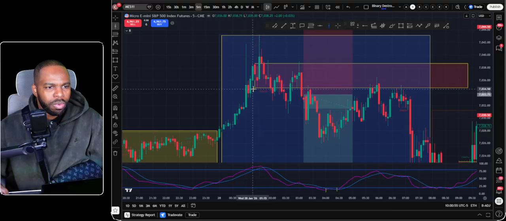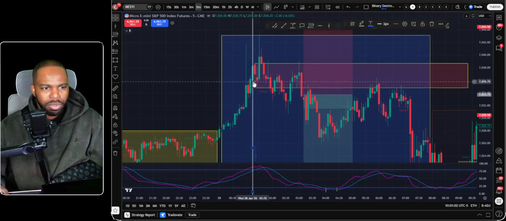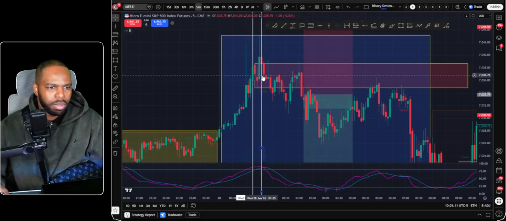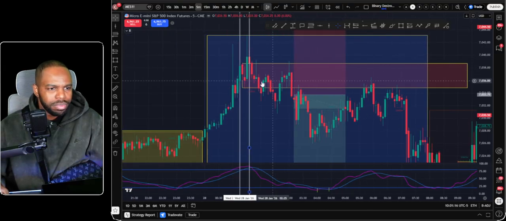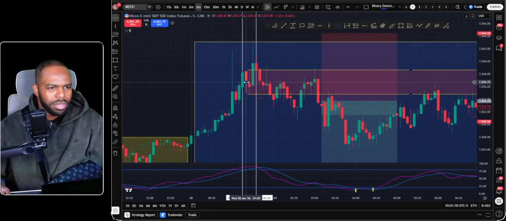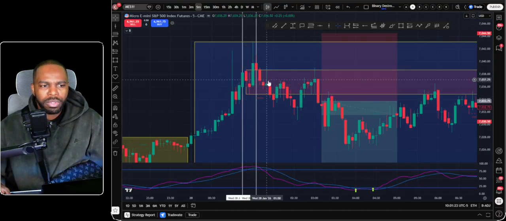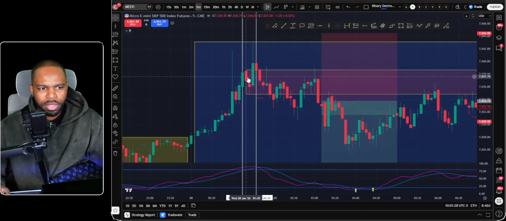If I'm looking for sales, I'm looking for the lowest red candles between the higher high here and the higher low here. Right between these two vertical lines, normally I go for the lowest red candle, but in this case, I added both of these candles.